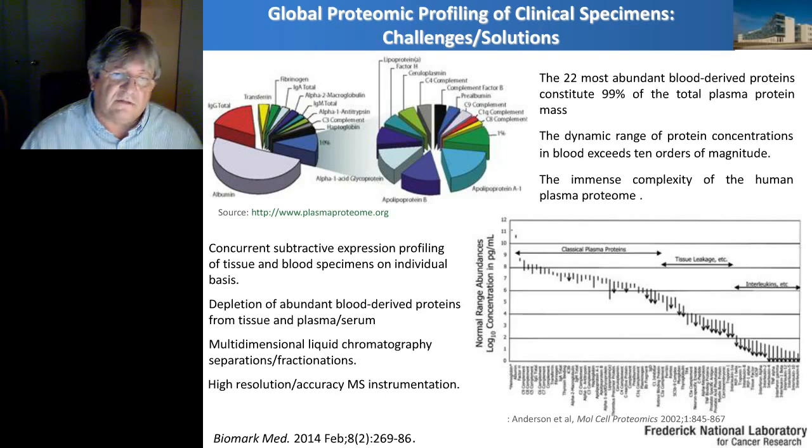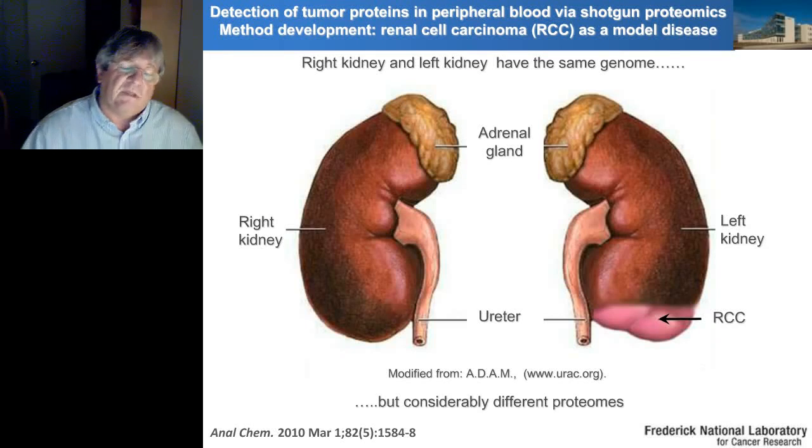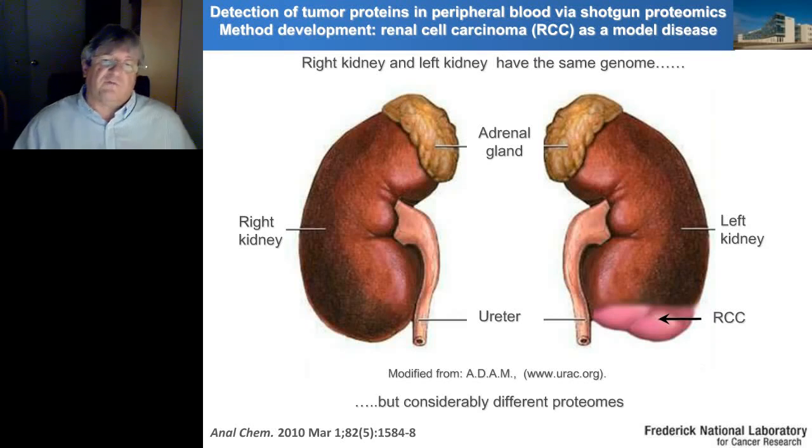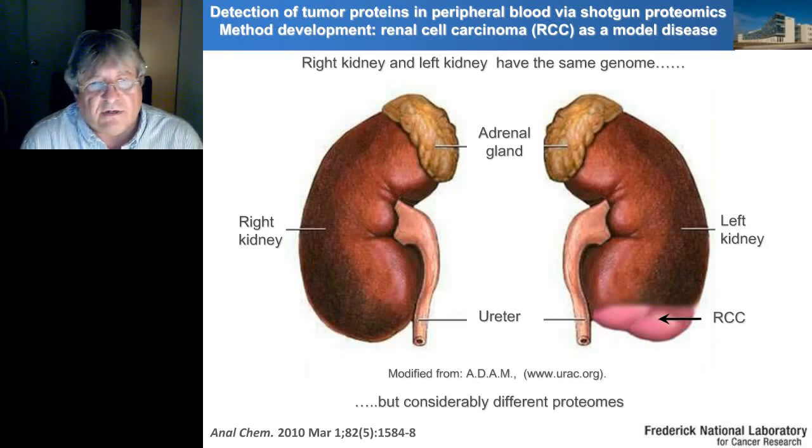Blood should be taken before the surgery, so that we can fairly analyze peripheral blood and tumorous tissue from the same patient. We tested that approach on renal cell carcinoma.